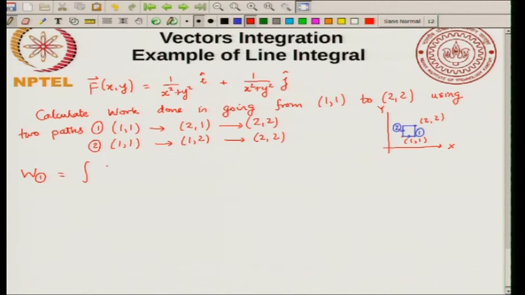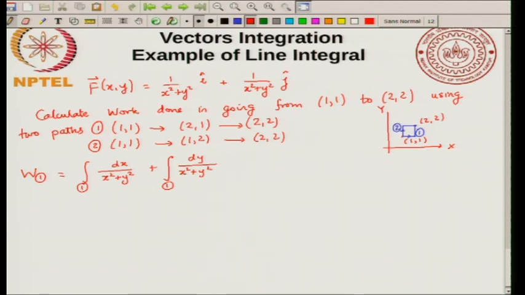So, what you will get is the integral of dx over x square plus y square plus the integral of dy over x square plus y square, both over path 1. Okay. Now, you have to do both these integrals over path 1.